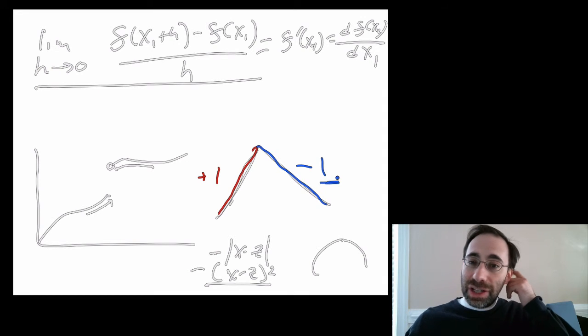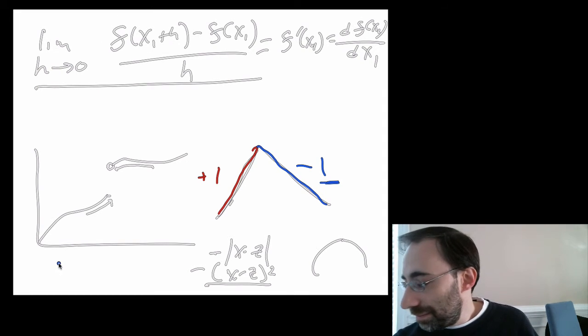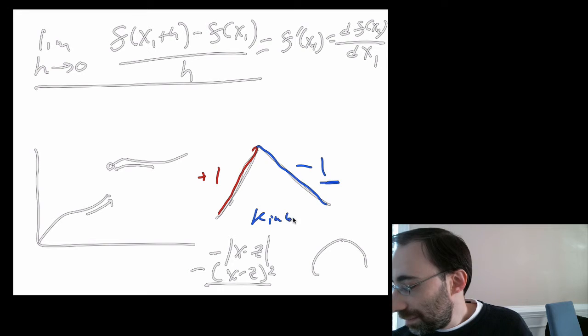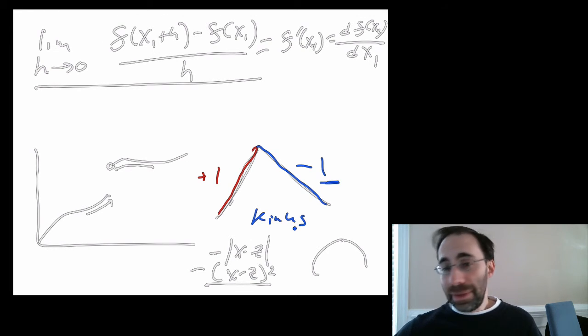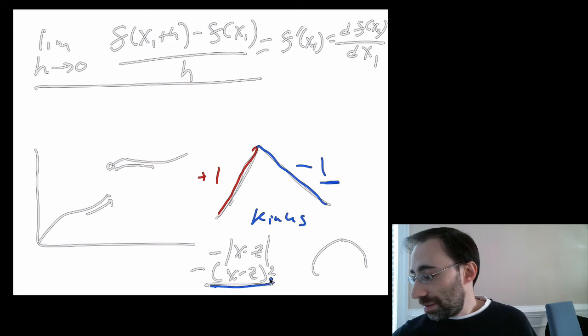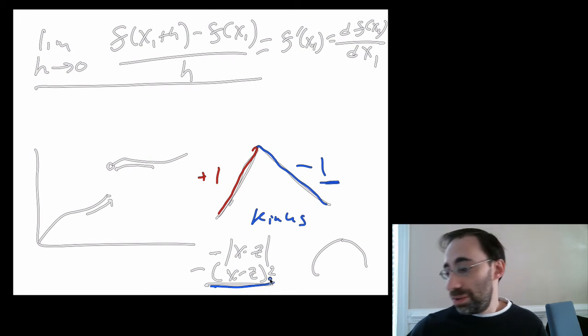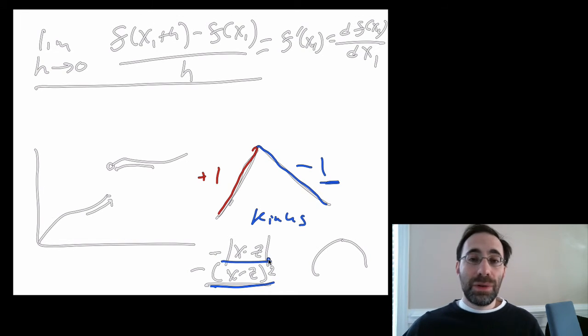In general, we say functions like this have kinks, and functions with kinks at certain points don't have derivatives at those points. So you'll see often in political science and economics and so on, the functions used are more like this, which have very similar properties to this, except derivatives exist at the point z.